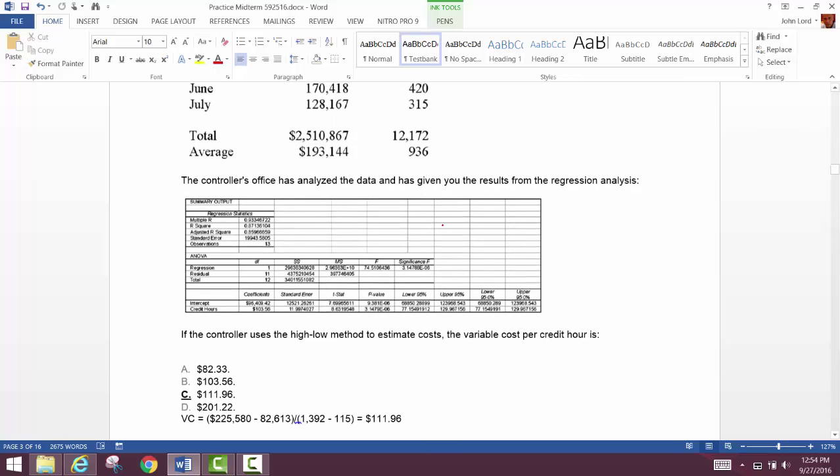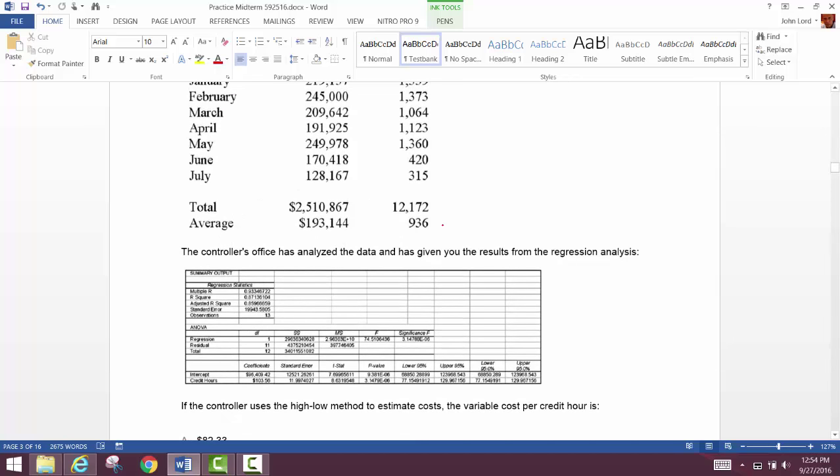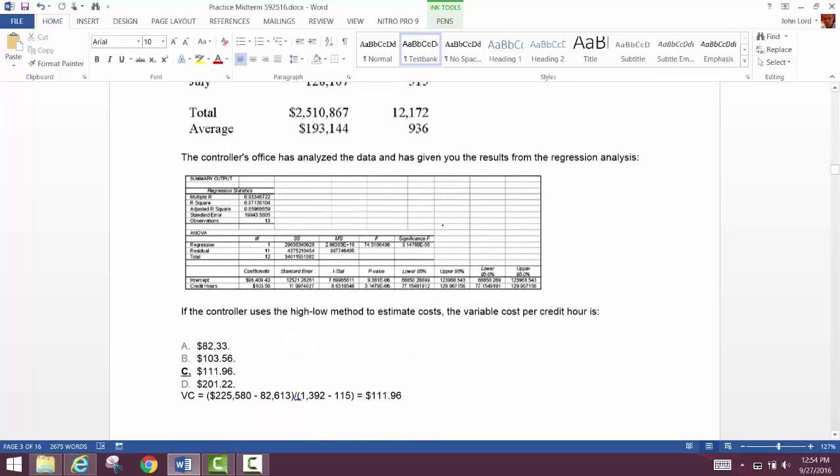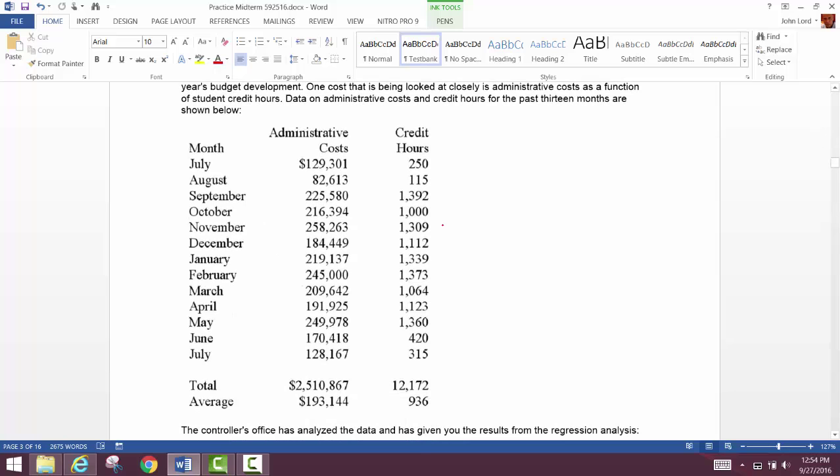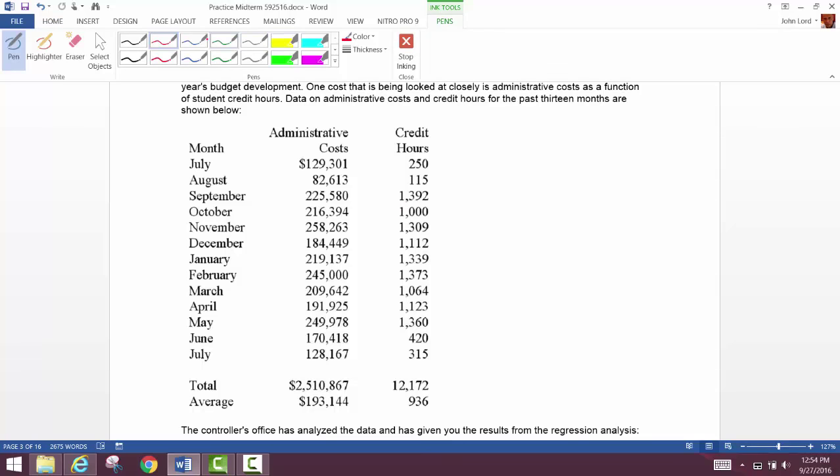So your job was to figure out the high and the low, right? So the high month is what, 1392? And the low is what, 115?